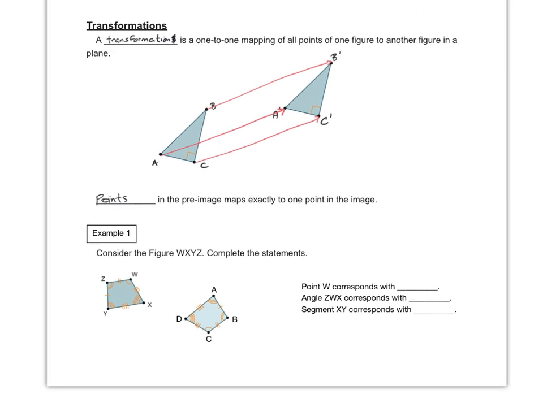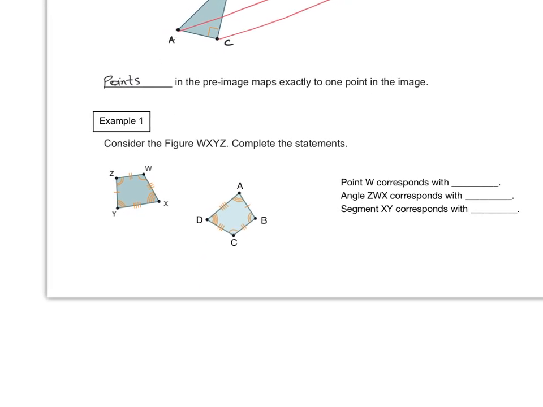Here, in example number 1, consider figure WXYZ, as we named it. Complete the statements. Well, what things correspond to what? Here, point W, thinking about it, it's got one arc, should correspond to point C. So then we would say, hey, it looks like it probably goes around like this.